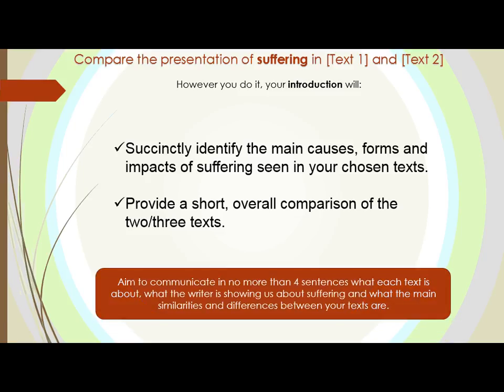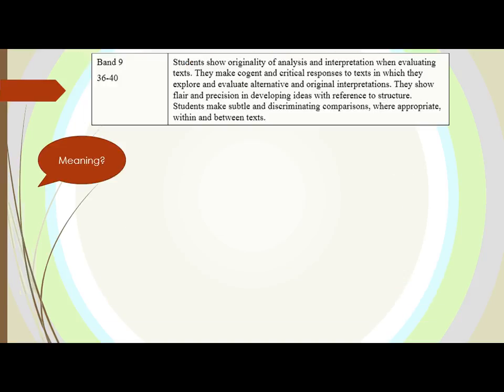You really want to try to communicate in no more than 4 sentences what each text is about, what the writer is showing us about suffering, and what the main similarities and differences between your texts are. And you can do that. Your introduction may well need quite a few versions to make sure that you get it spot on, but it's so important as it sets the tone for the whole essay, so really do try and accomplish this.